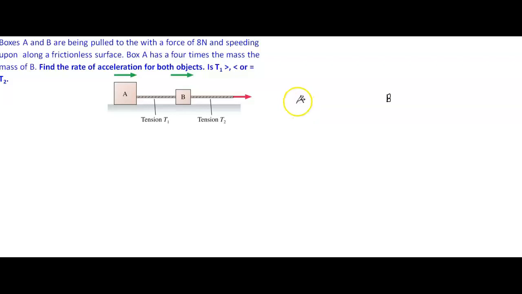So it looks like object A has 3 forces working on it. It's got the non-contact force due to the weight of the object, working by the earth. It's got 2 contact forces working on it, a string or a rope, and also the surface. So I'm going to pause right now and begin drawing that force diagram.